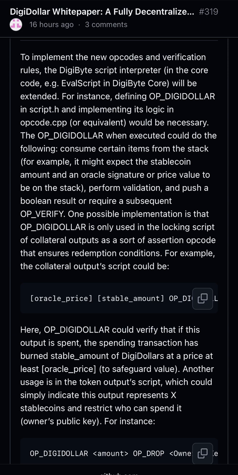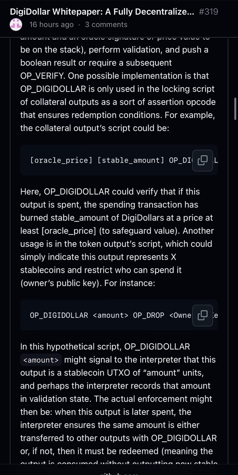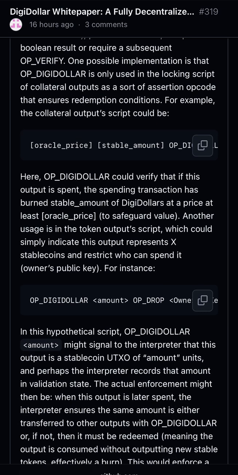One possible implementation is that OP_DIGIDOLLAR is only used in the locking script of collateral outputs as a sort of assertion opcode that ensures redemption conditions. For example, the collateral output script could be: oracle price, stable amount, OP_DIGIDOLLAR, OP_CHECKLOCKTIMEVERIFY.